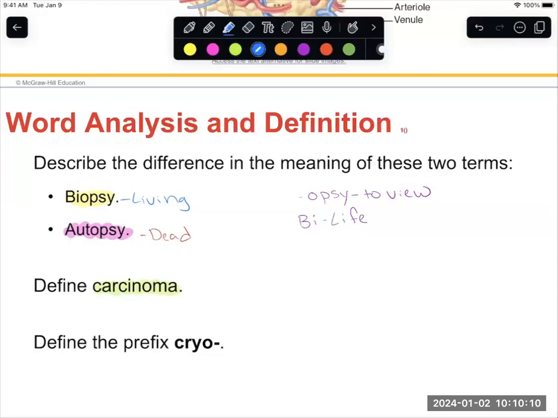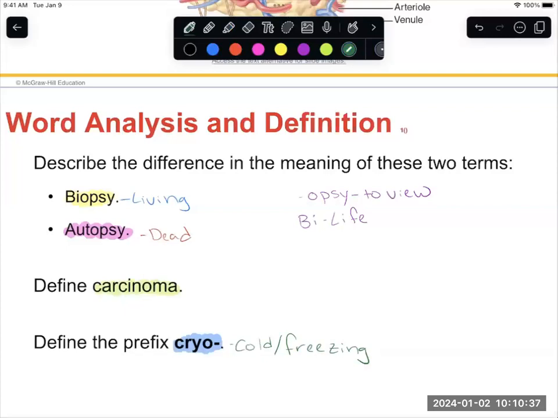The prefix cryo. This prefix cryo is freezing. Cryo means cold. We're freezing. It's used in skin surgery.